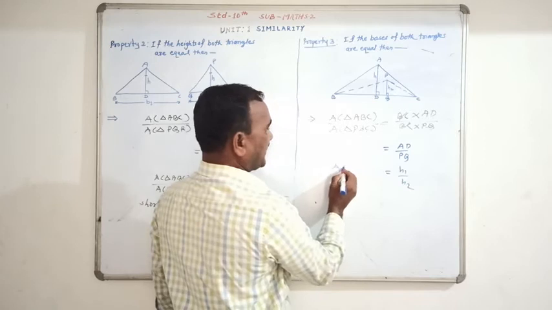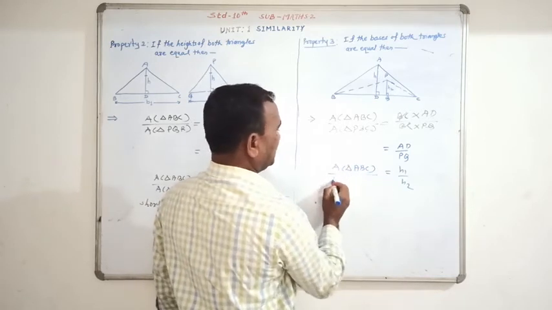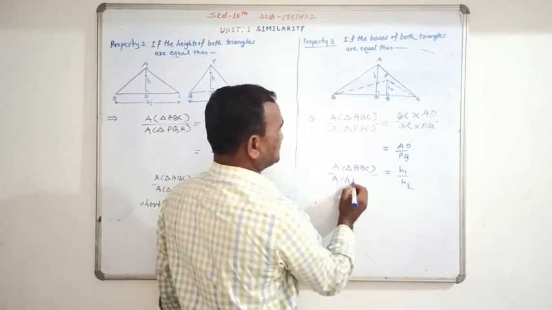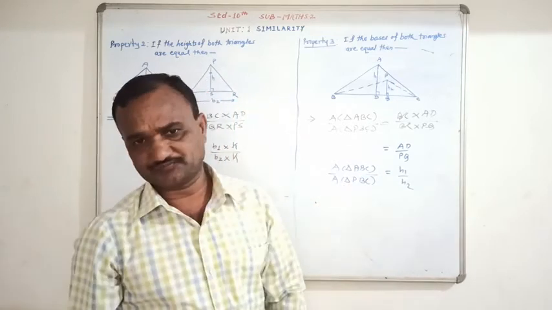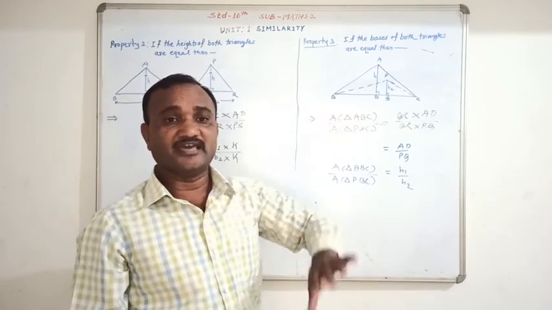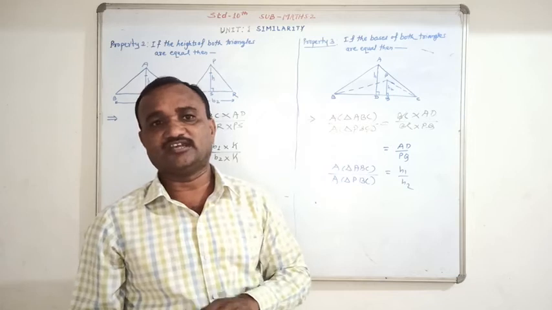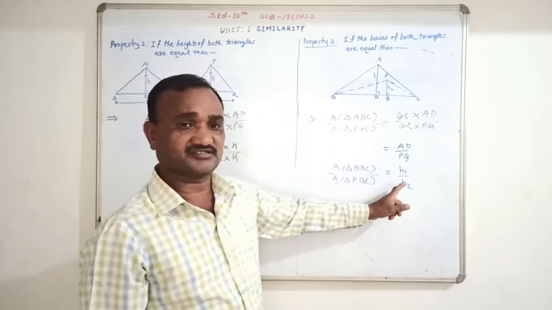So area of triangle ABC divided by area of triangle PBC is equal to H1 divided by H2. So the third property says if the bases of both triangles are equal, then the ratio of areas of two triangles equals the ratio of their corresponding heights.